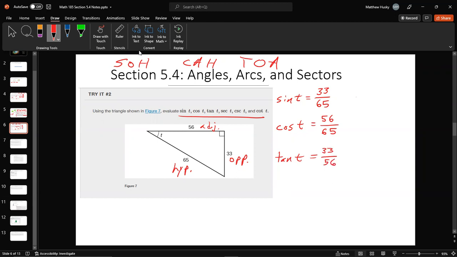And then cosecant goes with sine, secant goes with cosine, and then cotangent goes with tangent. And I think I might have shared this with you all before, but just bear in mind, there's only one co-function for any pair. So cosine goes with secant, cosecant goes with sine, and then tangent goes with cotangent.